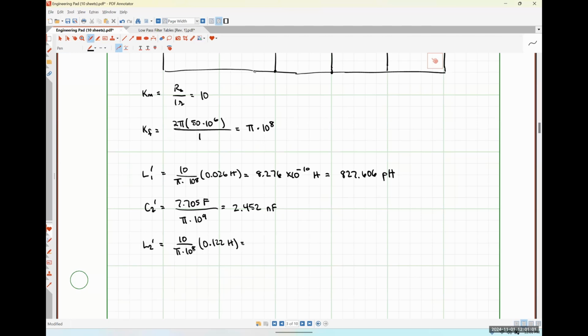And over 0.122 divided by pi times 10 to the 7 is .883 nano Henry.